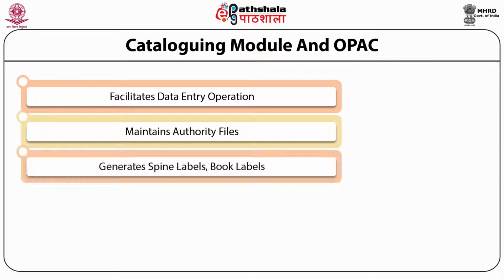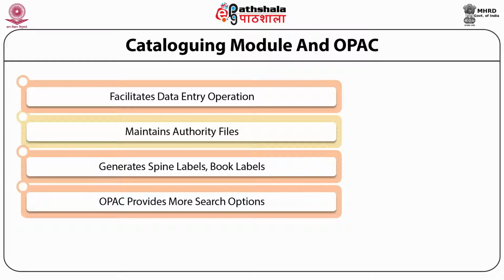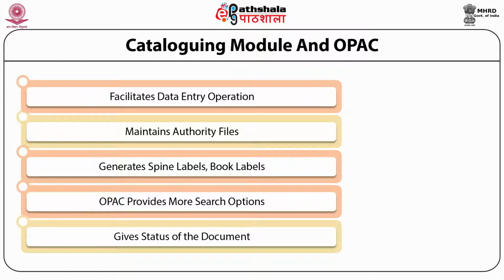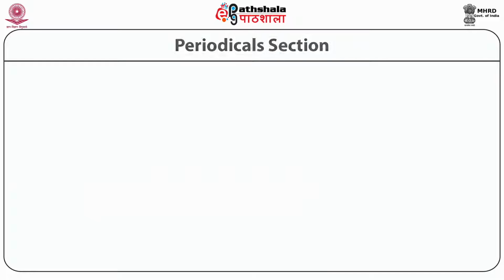The system generates spine labels as well as book labels. Online public access catalog provides more search options as compared to card catalog. It gives the status of the document as well, such as issued or reserved or available on the shelves.